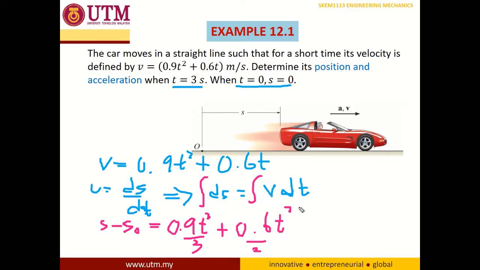Here we have s naught, t naught, with t equals 0 until t equals 3. Then we plug in the values.